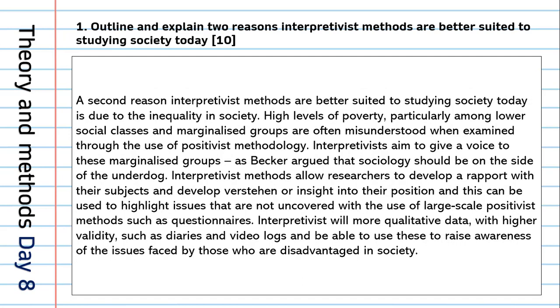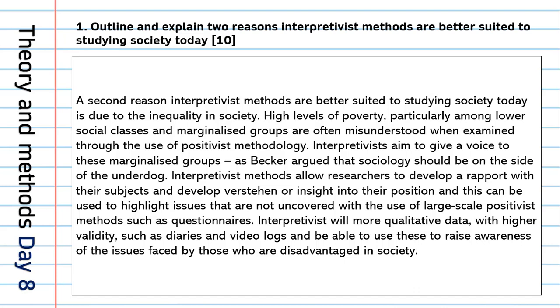A second reason interpretivist methods are better suited to studying society today is due to the inequality in society. High levels of poverty, particularly among lower social classes and marginalised groups, are often misunderstood when examined through the use of positivist methodology. Interpretivists aim to give a voice to these marginalised groups, as Becker argued that sociology should be on the side of the underdog.